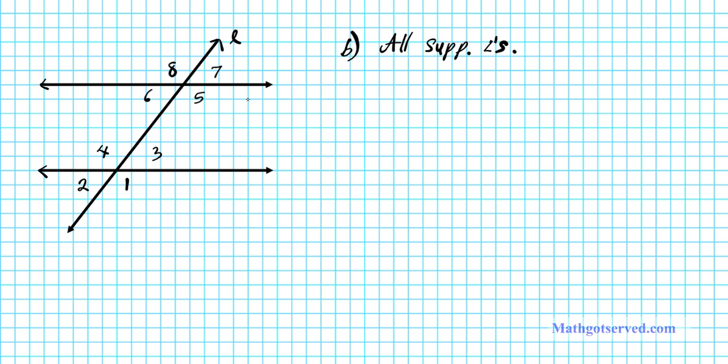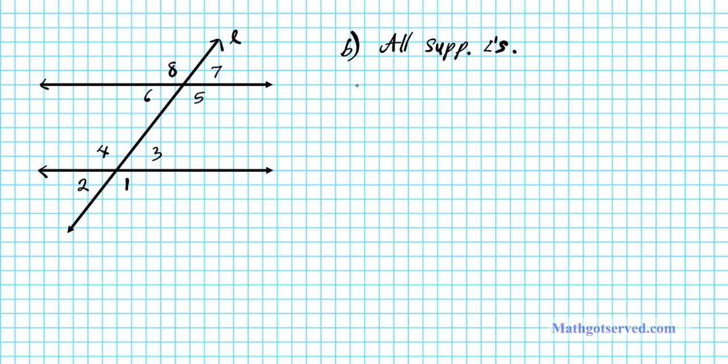That's what supplementary means. So I'm going to start with the point of intersection on top, and let's look at angle 8. Which angles are supplementary to angle 8? We're looking for angles that, when added to angle 8, give you 180.